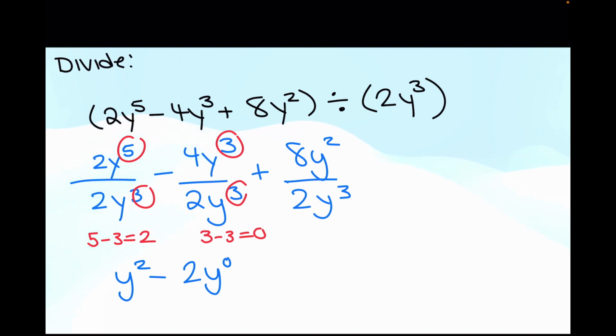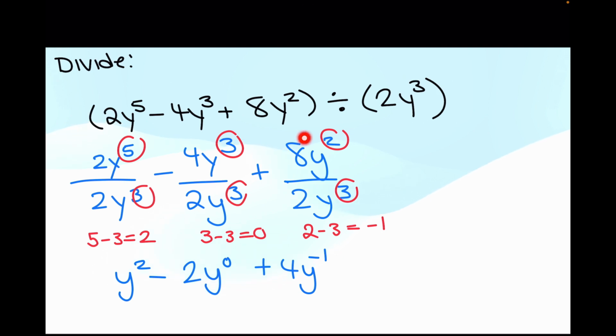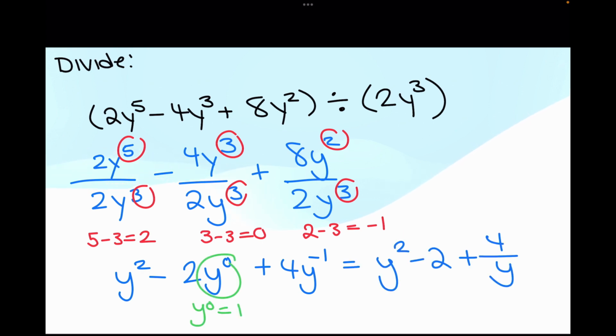So technically you get 2y to the 0, but that y to the 0 is going to turn into a 1. And then in the last term, 8 divided by 2 is 4. 2 minus 3 is negative 1. And then again, that y to the 0 is 1. So we're left with y squared minus 2. And 4y to the negative 1 is 4 over y.